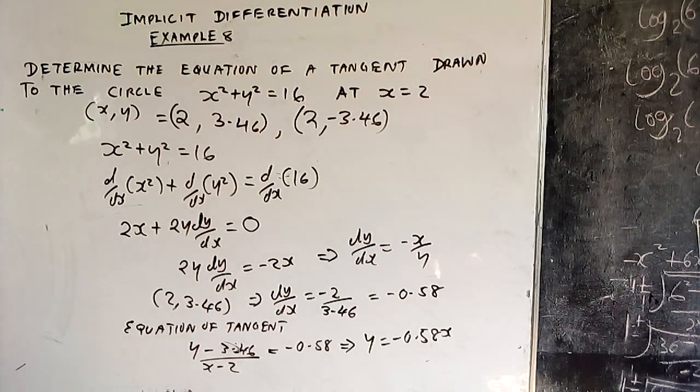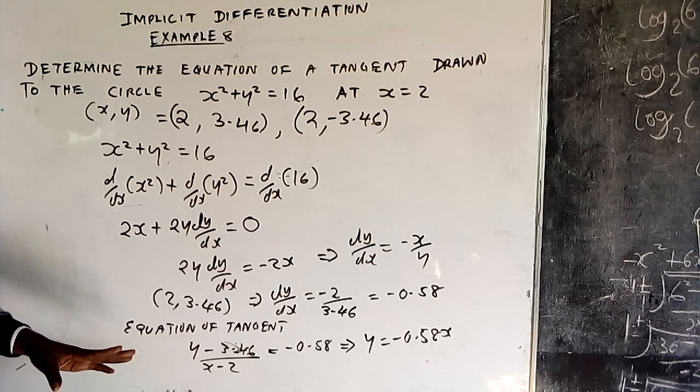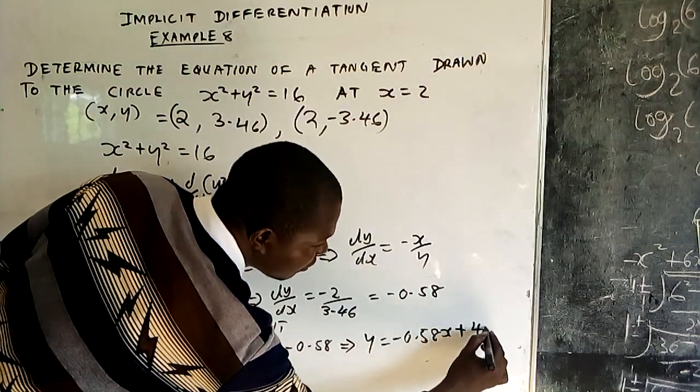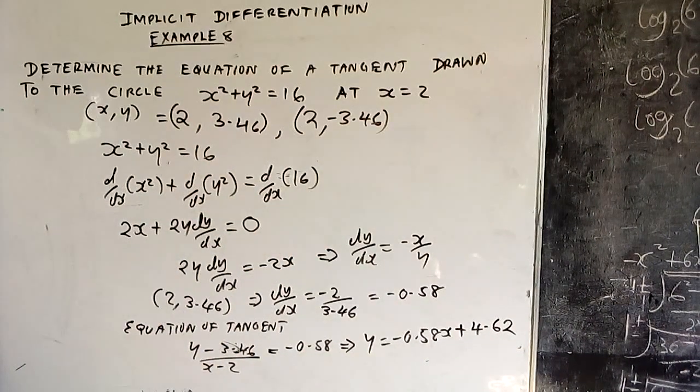What do you get? Plus 3.46. I got the answer to be 4.62. This is positive, my friend. I'm not teaching algebra, I'm teaching calculus. Algebra is something you know. You get this plus 4.62. Good.